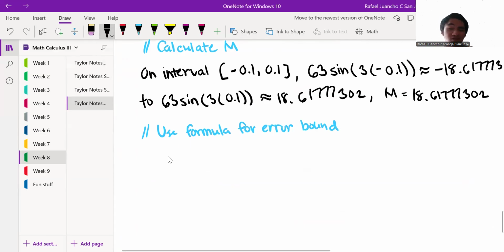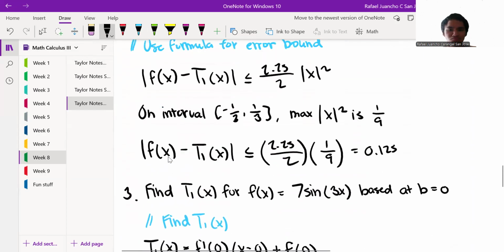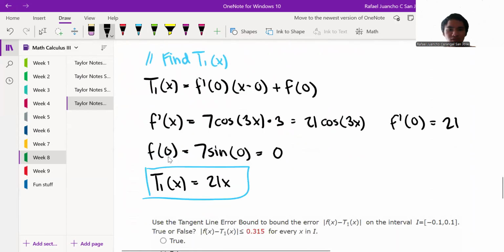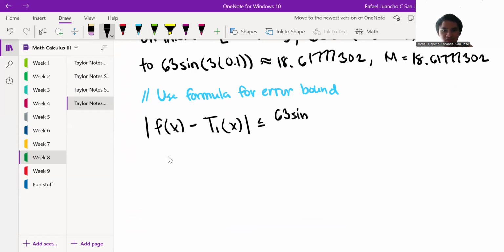It's just my function minus my first Taylor polynomial, less than or equal to my M times, in this case, 3 times 0.1, what is that gonna be? 0.3.